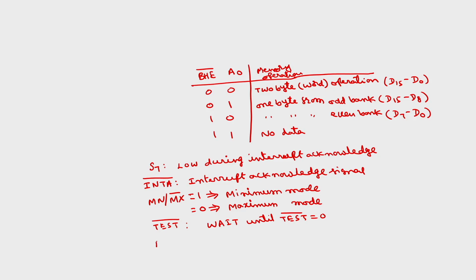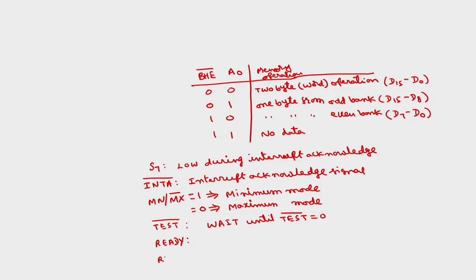And the ready and reset signals we have already discussed. The ready signal will be used by the external device. Whenever this ready signal is 1, the microprocessor reads the data from the device, otherwise it will enter the wait state. This I have already discussed while discussing externally initiated operations. Similarly, reset.